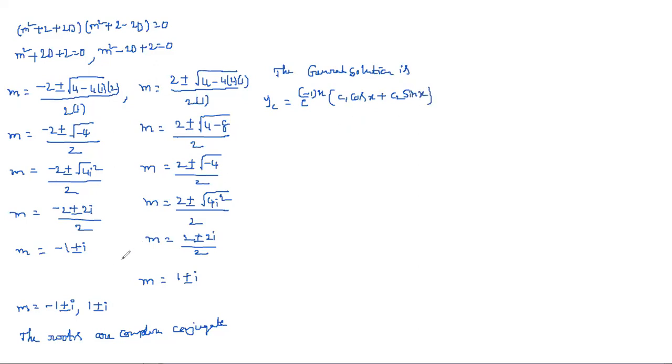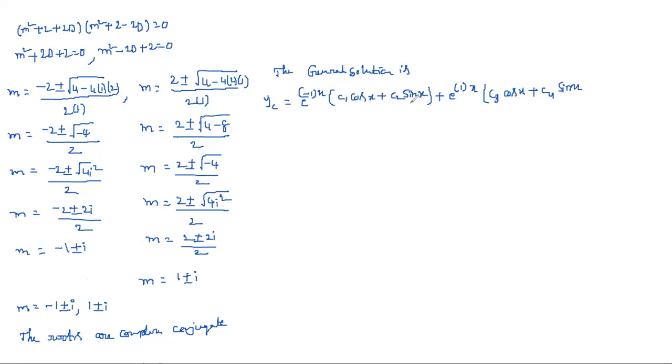Why? Because here alpha is minus 1 and beta is equal to 1. Plus, next, alpha is 1 as well as beta is also 1. So e power 1 into x, c3 cos x plus c4 sin x, not c1.